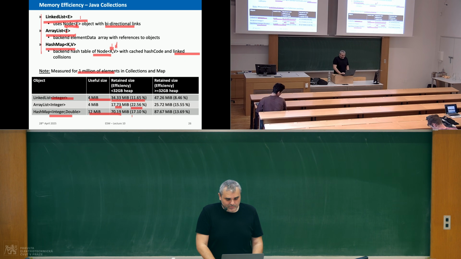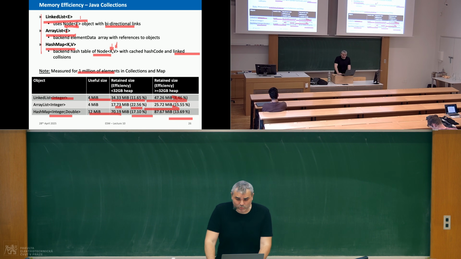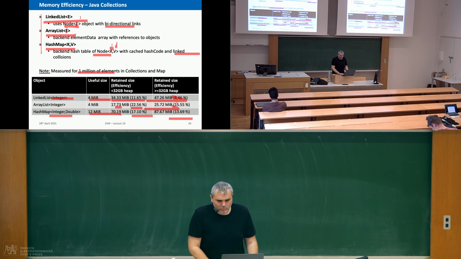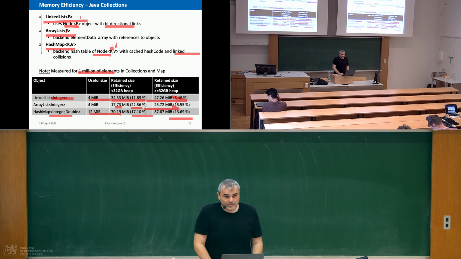And in a hash map, less than 18%. The situation is even worse for larger heaps. You can see a 3% decrease here, here more than 7, and here also some percentage is decreased. So it's very inefficient.